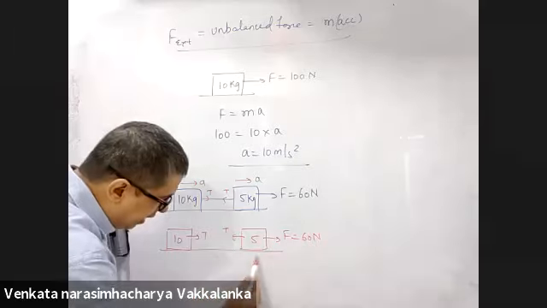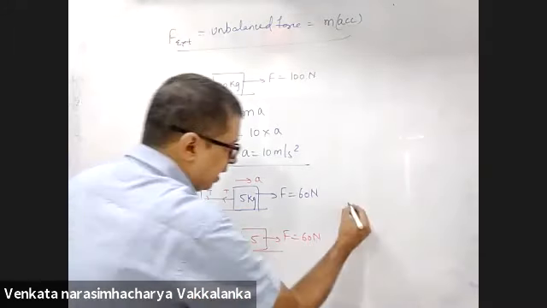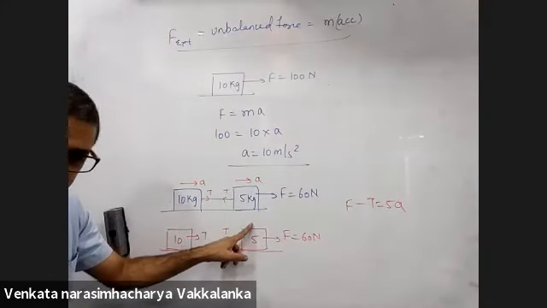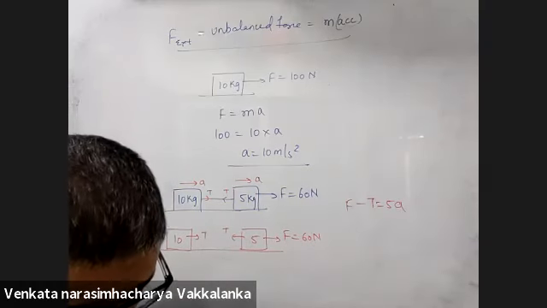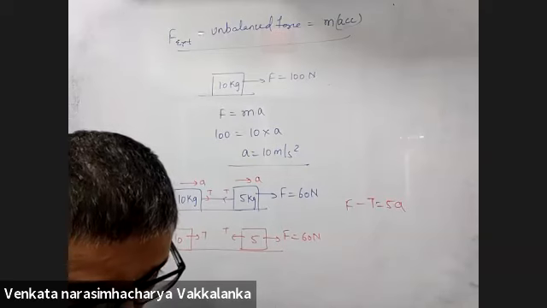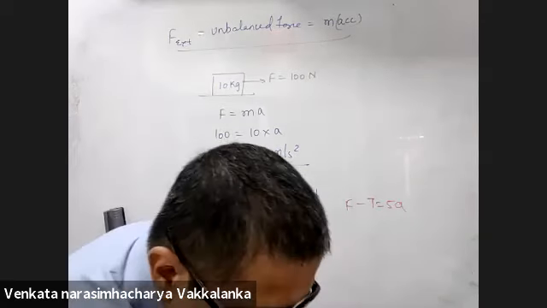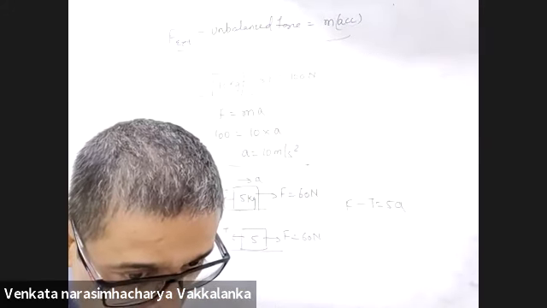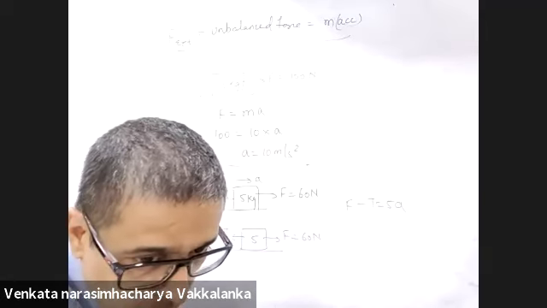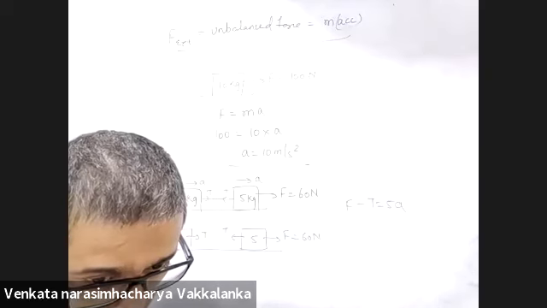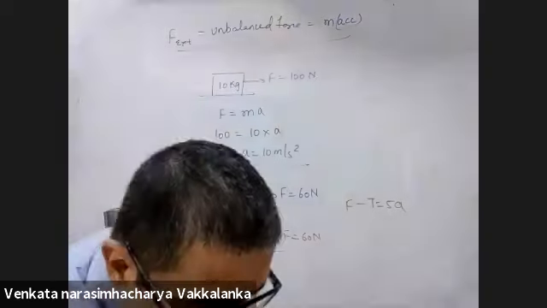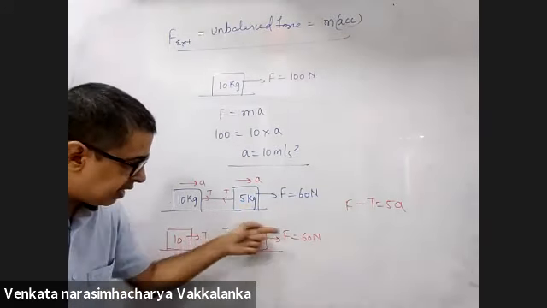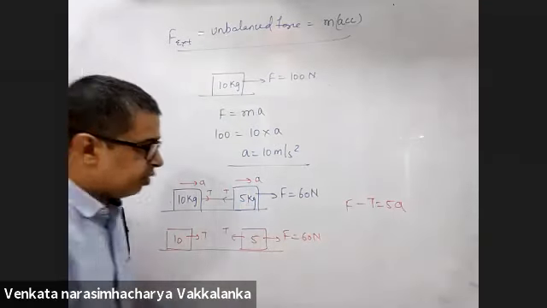So what will be the dynamic equation for this? Net unbalanced force F minus T is 5 into A. F minus T is the net unbalanced force, which will be mass into acceleration.